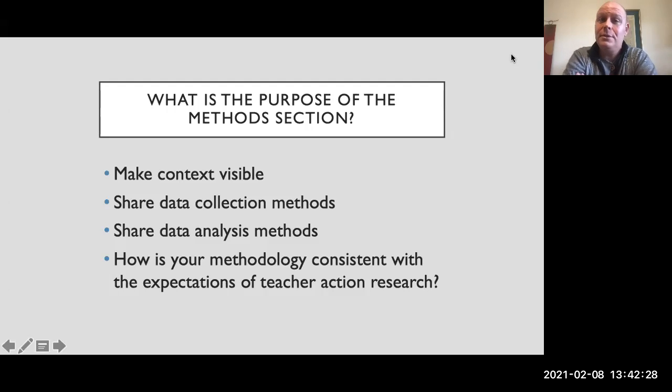Okay, so the first thing we want to think about is why we actually have a methods section. Well, you want to think about it this way. Other folks are going to be reading your research. Now, in a professional inquiry project, like a master's thesis or a professional project that would have a methods section, other master's level or graduate level students may use your work as a guide.